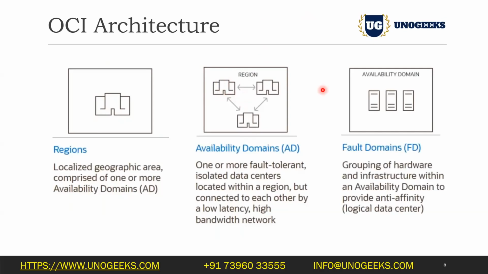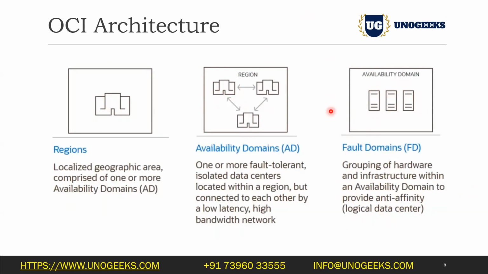In a single availability domain, they have used 3 different fault domains. These are a grouping of hardware and infrastructure within an availability domain to provide anti-affinity. If one fault domain fails, you will have another fault domain.